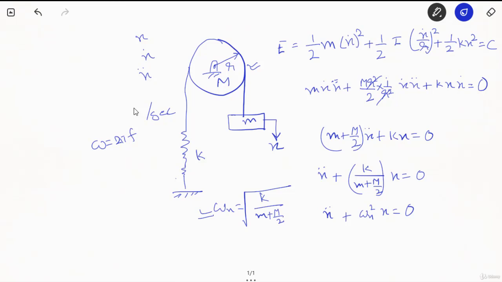And if we need to find out the oscillation time period, f is equal to 1 upon T. Now we can convert this formula directly: omega is equal to 2 pi by T. So by using this natural frequency, we can find out different systems' time periods also, right?